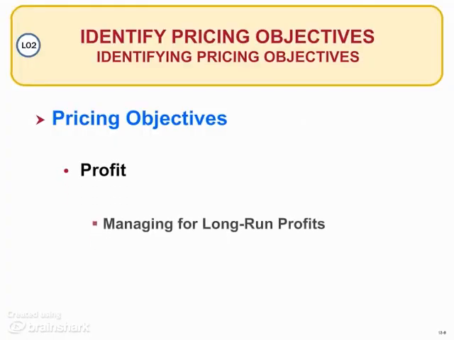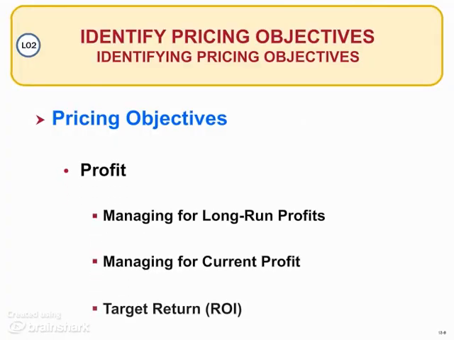So in the price setting process, a marketing manager must consider the pricing objectives and constraints that will narrow the range of choices. And it's important to note here that pricing objectives frequently reflect corporate goals. So the different pricing objectives we're going to take a look at are profit, sales, market share, unit volume, survival, and social responsibility.